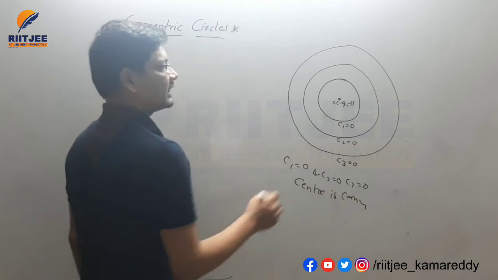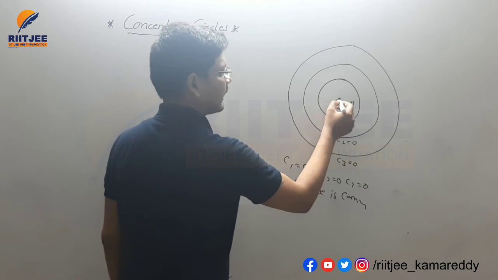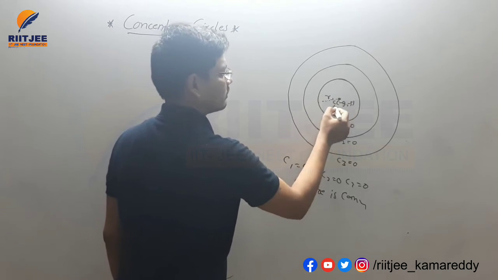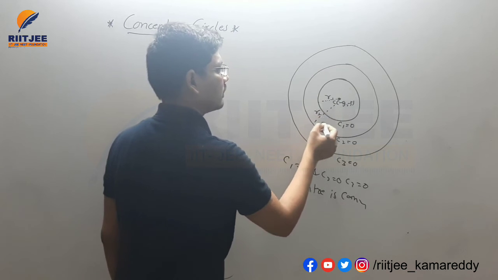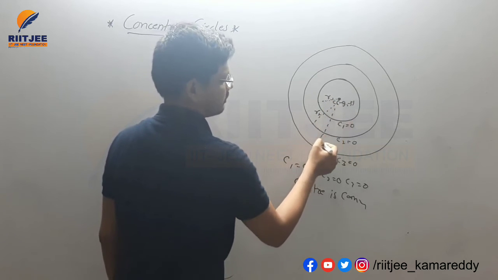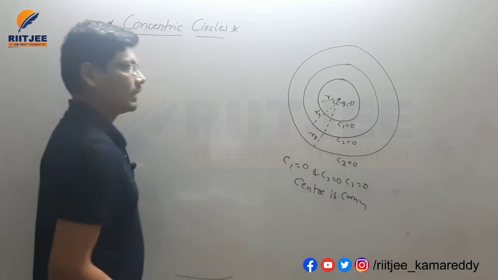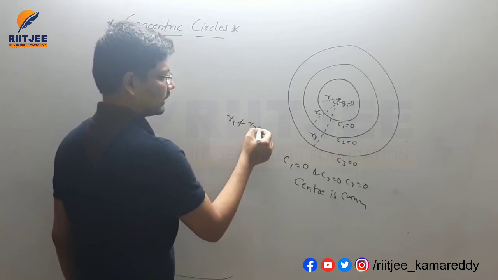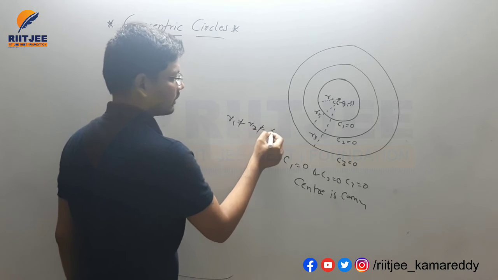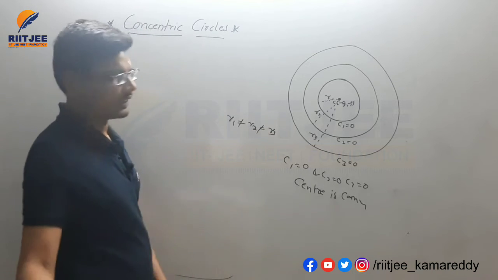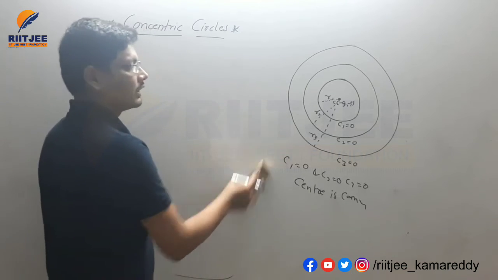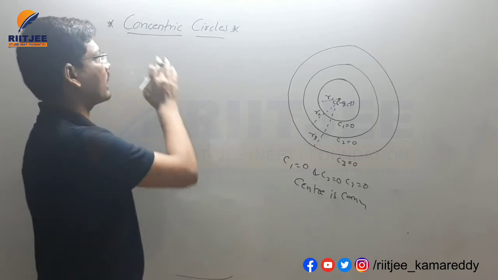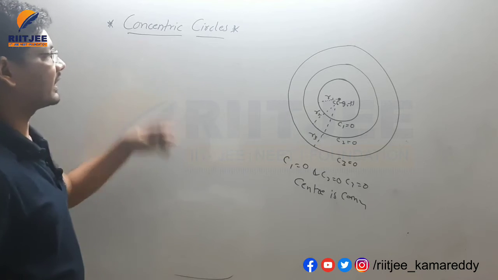The center is common and the radius is different. For this circle R1, this is R2 and this is R3. Here R1, R2, R3 are not equal, they are different radii. So if the center is common and the radii are different, then those types of circles are called concentric circles.